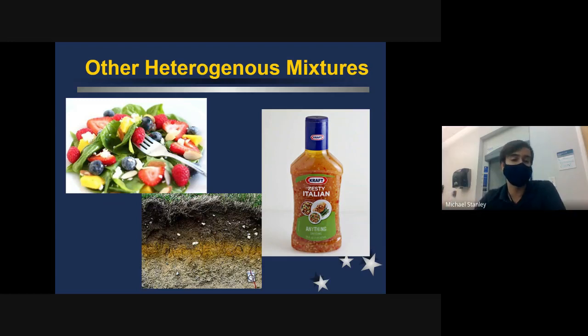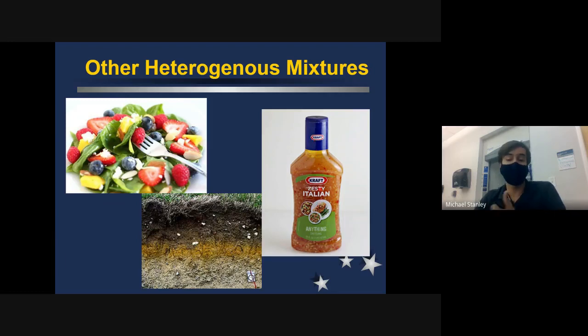Otherwise, we have big pieces of strawberry and big pieces of spinach all mixed around with these little pieces of cheese and little pieces of almond. Maybe you're going to drizzle some dressing on top. And so some of your bites are going to have a lot of dressing on it, and some might be almost completely dry. And that is what makes it a heterogeneous mixture. Not everything is all totally equal. It's not the same everywhere you go.